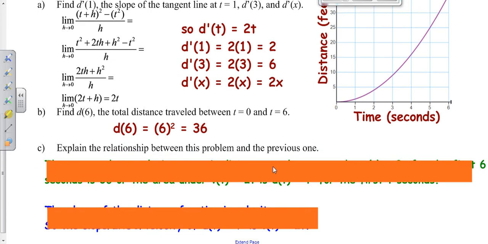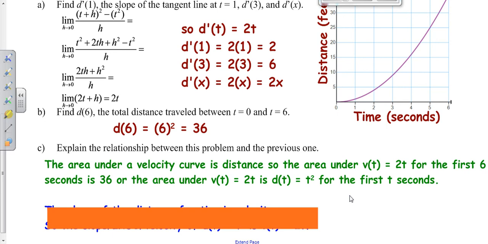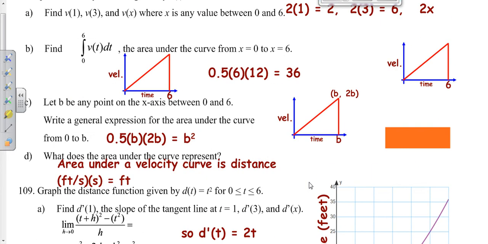So now it wants to know what is our relationship between this problem and the previous problem. Well, the area underneath your velocity curve is distance. So the area underneath our velocity curve of 2t for the first 6 seconds was 36. Or, as we figured out before, the area underneath our velocity curve of 2t for any time was our time squared. So our distance was time squared. And that's what we noticed right here when we said the area anywhere along was b squared.